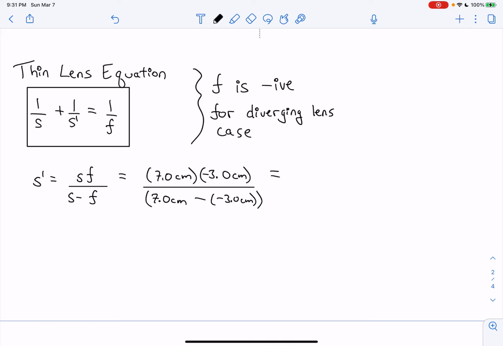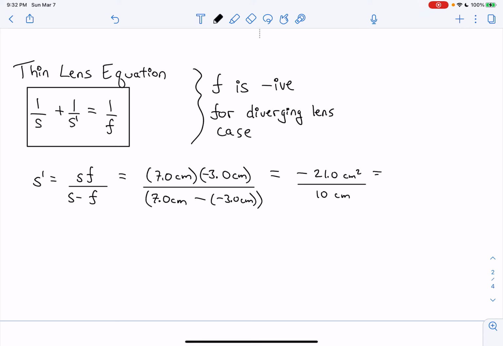So here, and I'm just going to add another step just to be super clear. We have on top here minus 21 centimeters squared. And then 7 minus 3, so we have 7 plus 3, so that's over 10 centimeters.